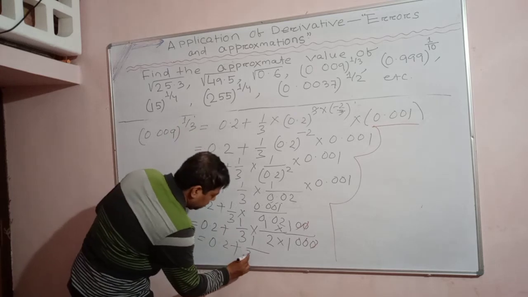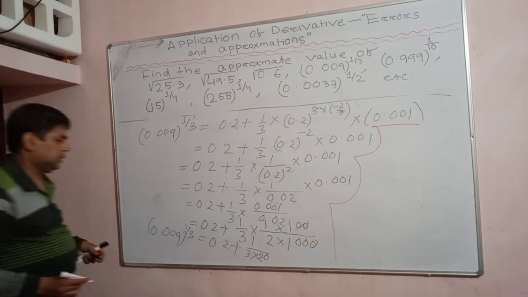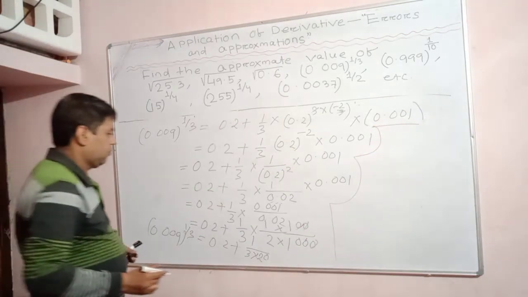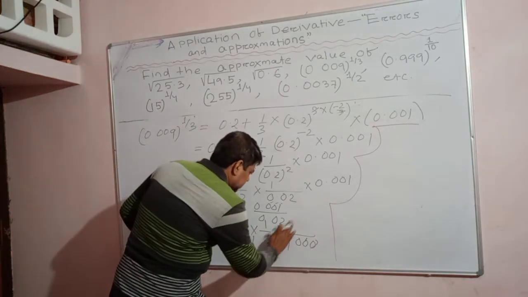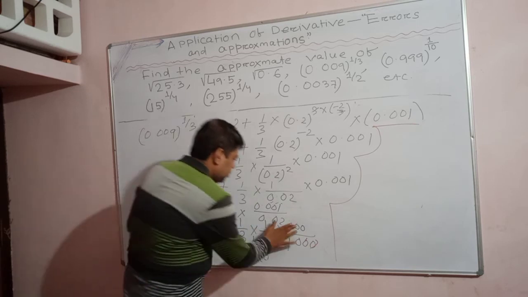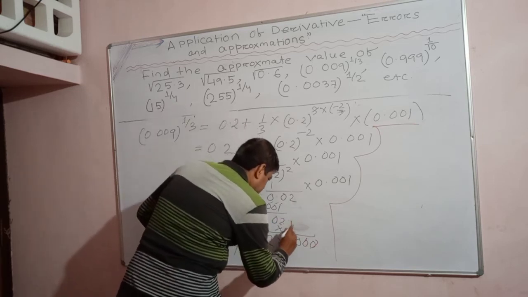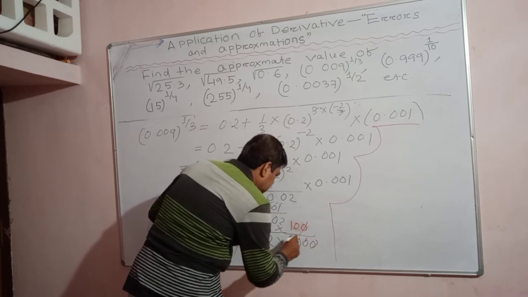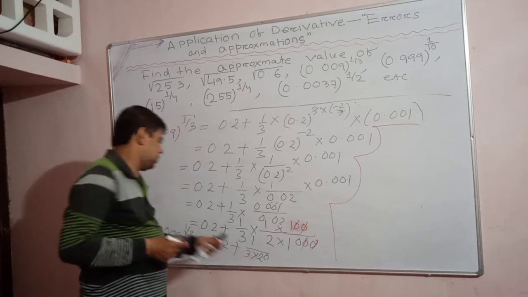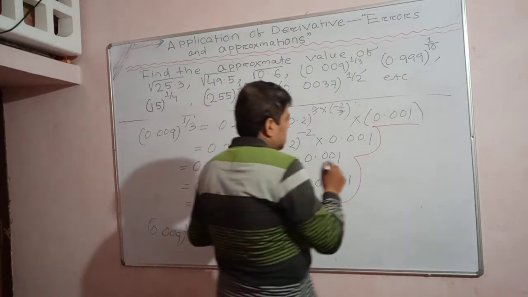So 3 into 20, it will be 60. Is it clear? Understand? Let's write properly. Here 1 and 00, and this 0, this 0, this 0 you can cancel. Okay, so 10 is left, 20, here 3, multiply.